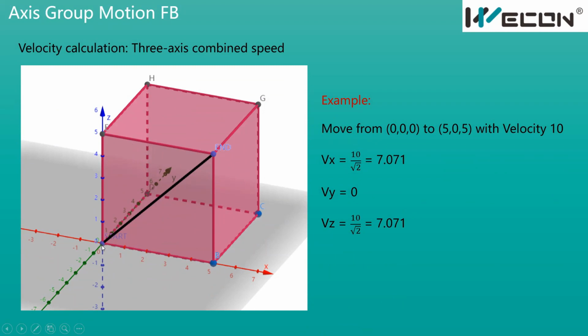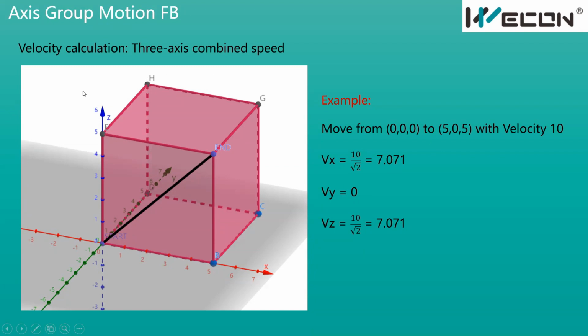For example, if we want to move from 0, 0, 0 to 5, 0, 5, start and end, and we set the velocity as 10, then the speed of 3-axis, for X-axis, the speed is 7.071, and the speed in Y direction is 0, and then the speed in Z direction is also 7.071.